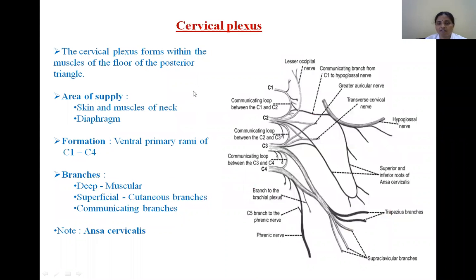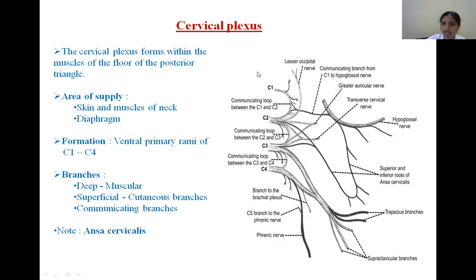Now coming to the cervical plexus. Why should we know the cervical plexus? In the neck region, all the 8 cervical nerves along with the first thoracic nerve form complicated plexuses. Each spinal nerve, as you know, after passing through the intervertebral foramen, divides into ventral primary rami and dorsal primary rami, right?